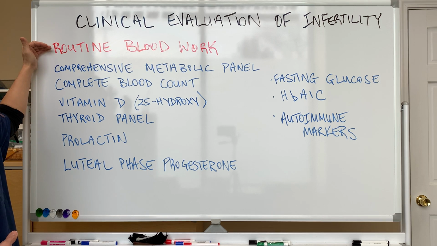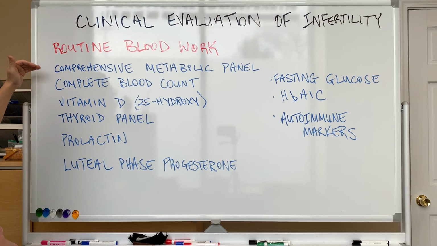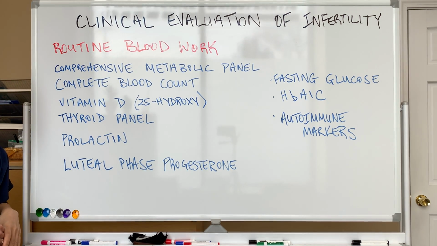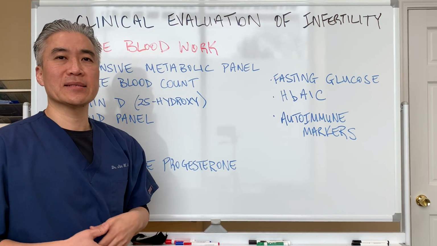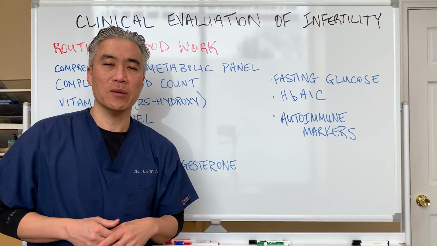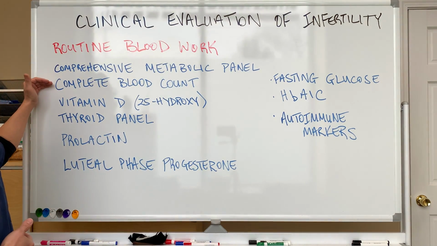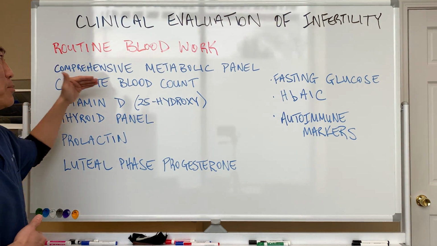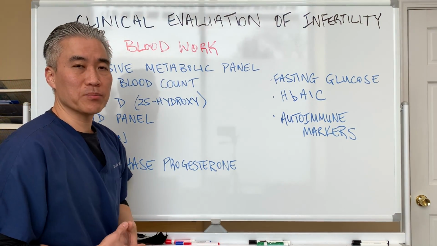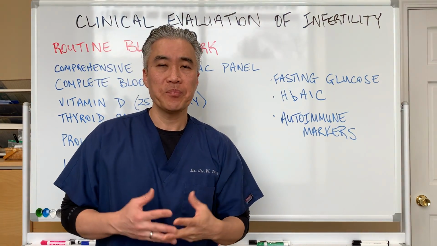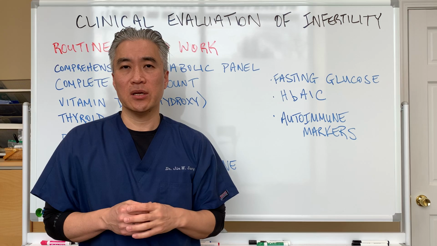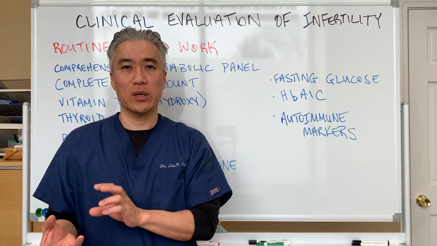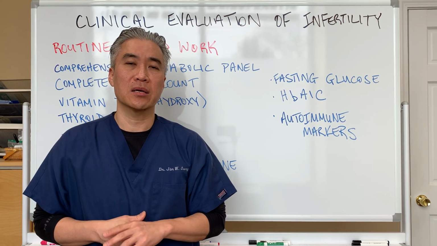And within that routine blood work, you're going to look for a comprehensive metabolic panel, right? That's looking at things like liver enzymes, cholesterol, and those types of things. You want to do a complete blood count, looking at your red blood cells, white blood cells, and then breaking them down in terms of what the red blood cell is composed of and what the white blood cell is composed of.